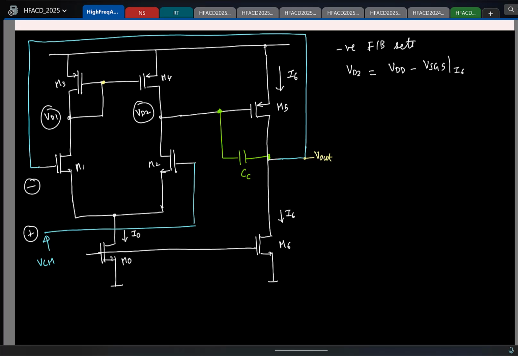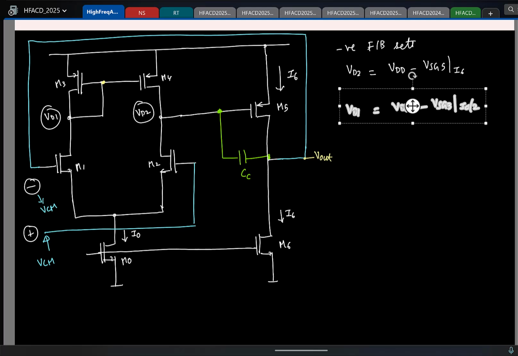Now you also expect that the inverting terminal voltage will be at VCM, correct, because it's in feedback. That is the assumption we are making. So if these two are equal, what is VD1 then? What is this voltage? VDD minus VSG3 at what current? I0 by 2.